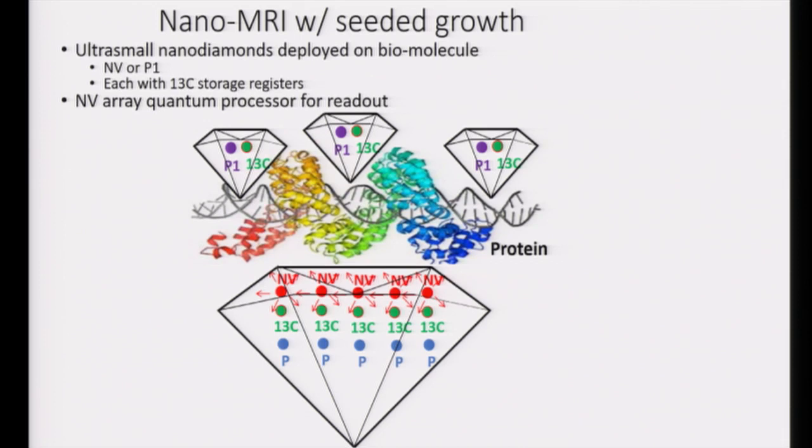Okay, so that's the idea. So where do we go with this? Suppose we can make the quantum computer. Then we're going to put it in a nanodiamond, put it in the live cell, and use it to try to image. So instead of a single spin to image the protein, we're going to have a quantum computer to image the protein.